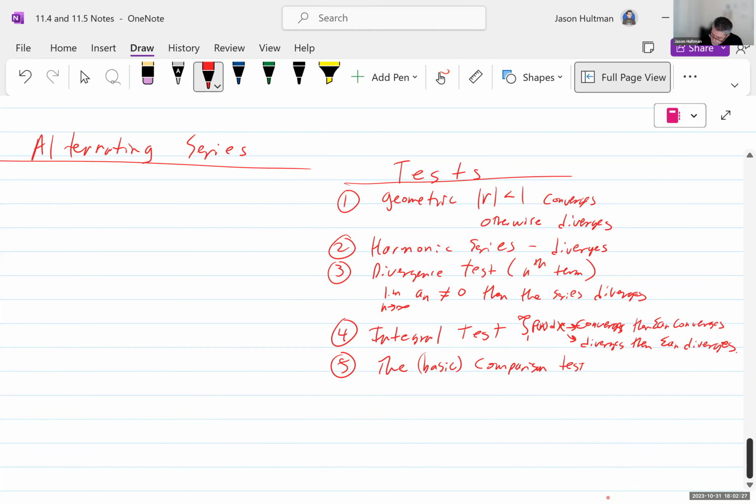The basic comparison test, which we just went over, says that if I have a sub n and b sub n, and b sub n converges and is bigger than a sub n, then a sub n also converges.